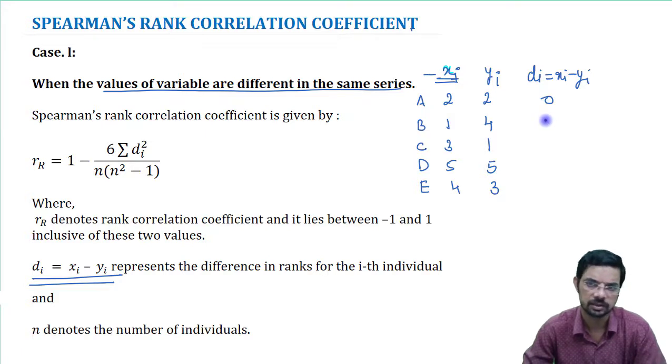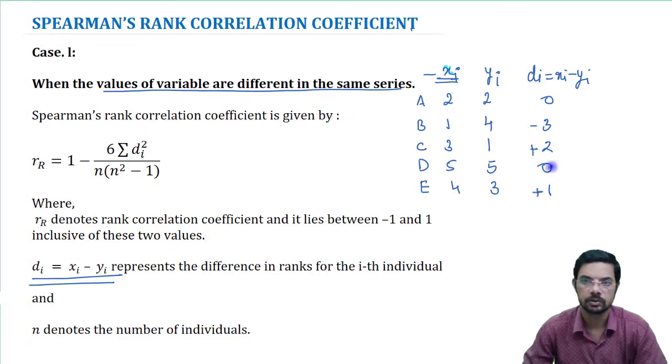The difference is 3 in this case, 2 in this case, 0 here, and 1 here. If you apply purely xi minus yi, then this will be minus, this will be plus, and this will be plus.